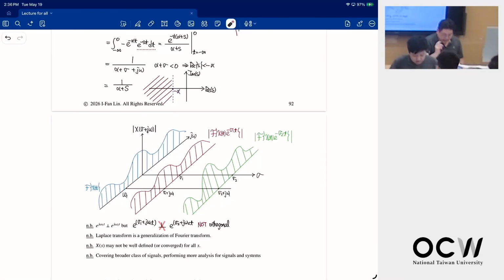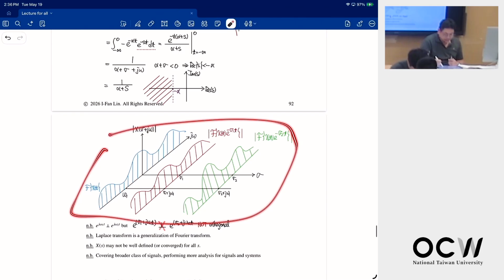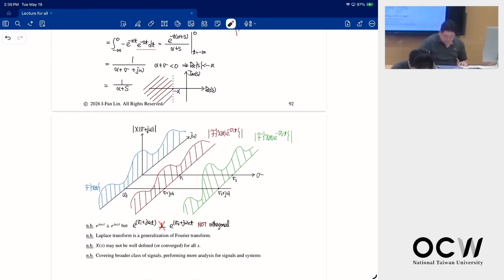And for this one, you can see that again, the complex exponentials with omega 1 and omega 2 are bases. But if I shift that to here, adding sigma 1, then they are not orthogonal.